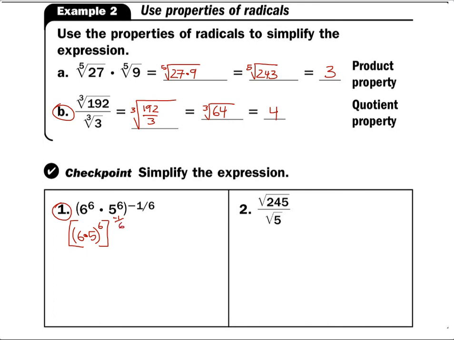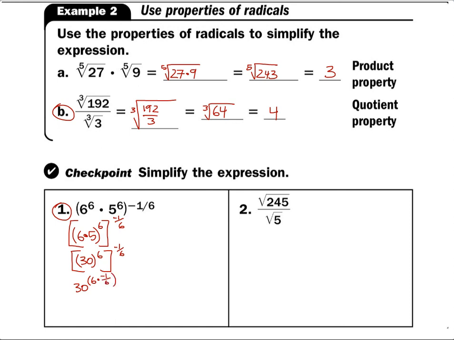The benefit of that is, first of all, 6 times 5 is 30. One nice number to work with. That's 30 to the 6th to the negative 1/6. And so that's 30, and here we have a power of a power, so the exponents are going to multiply. 6 times negative 1/6.